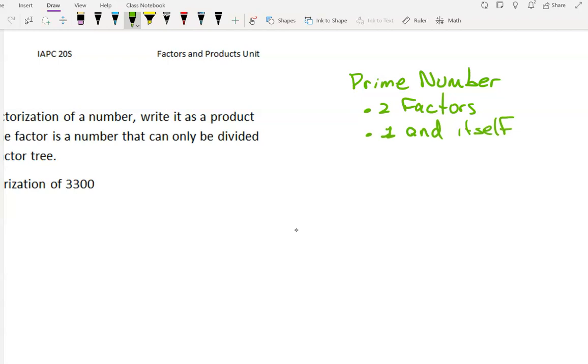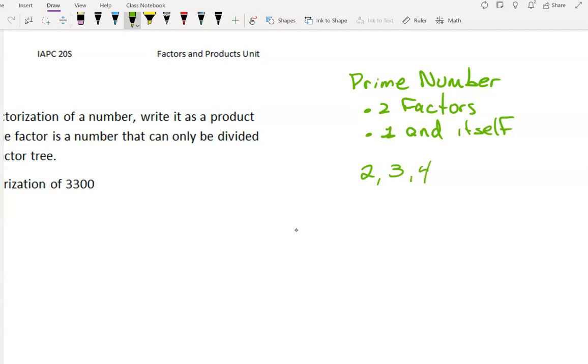Okay, so let's think of a few prime numbers. Is 1 a prime number? No, because it only has one factor, 1 times 1. Okay, so what's the first prime number? 2. The only factors 2 has are 2 and 1. 3. 3 is prime. The only factors 3 has are 3 and 1.